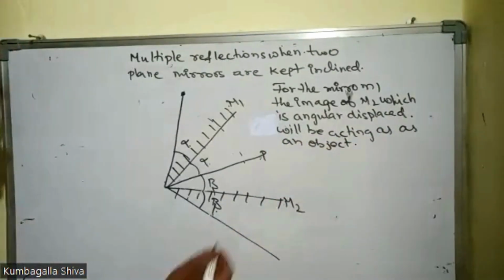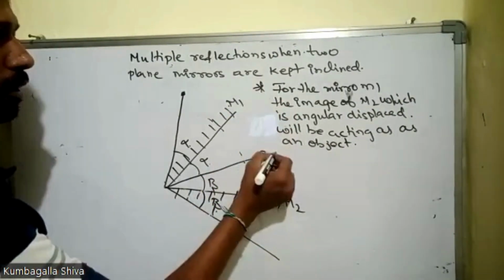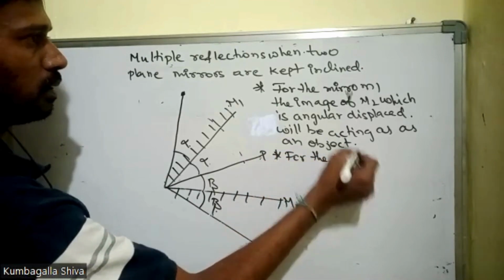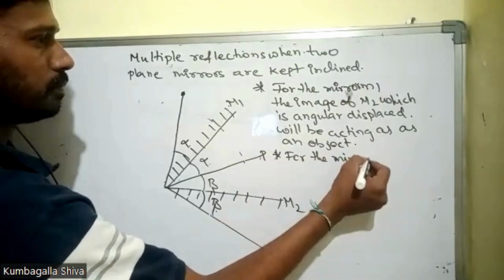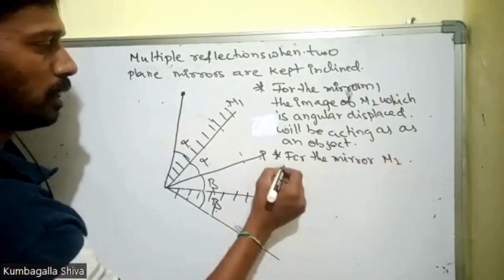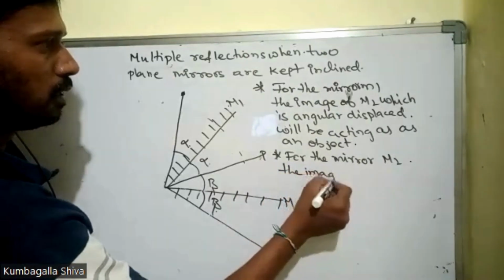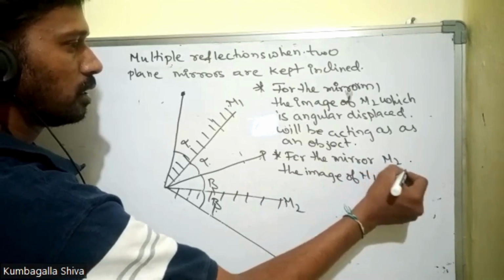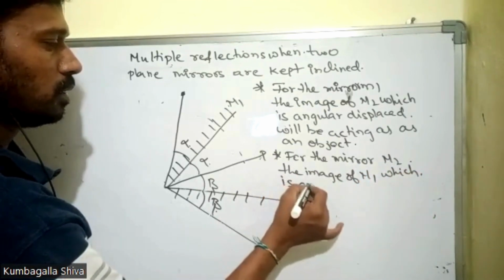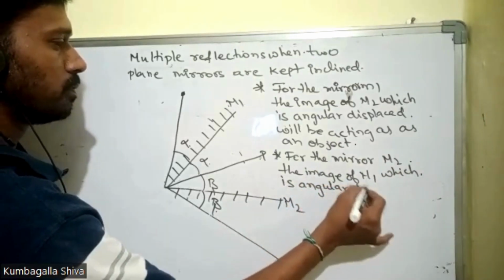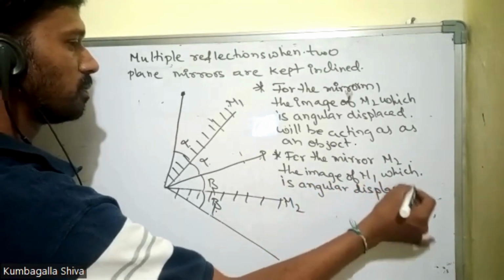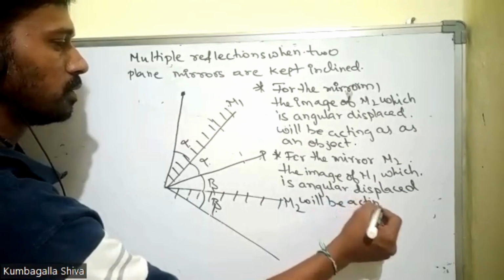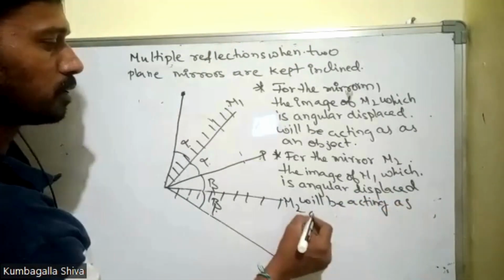Next, for the mirror M2, the image of M1, which is angularly displaced, will be acting as an object.